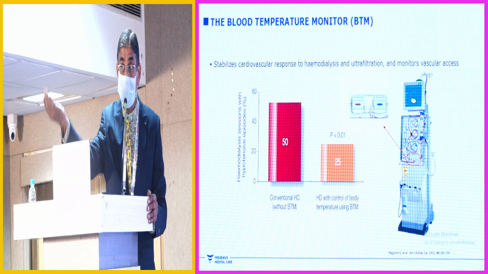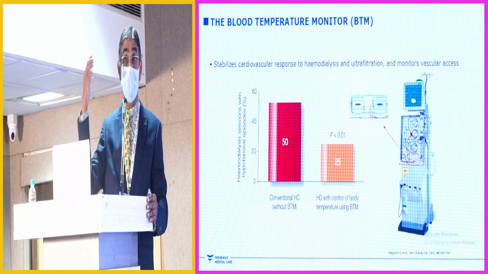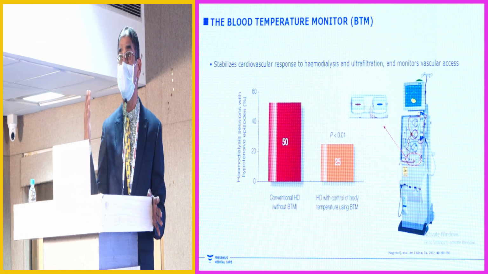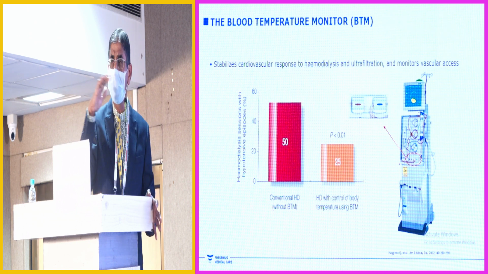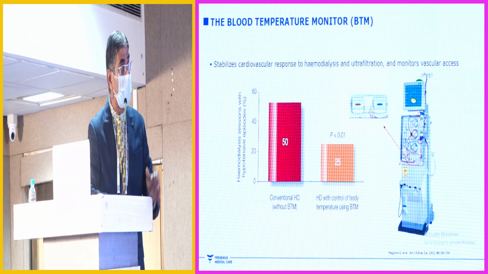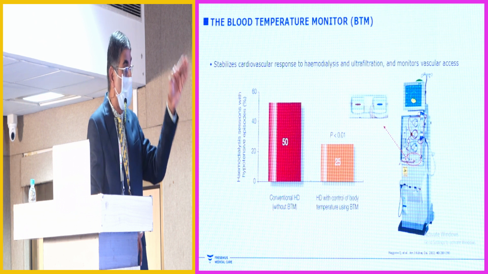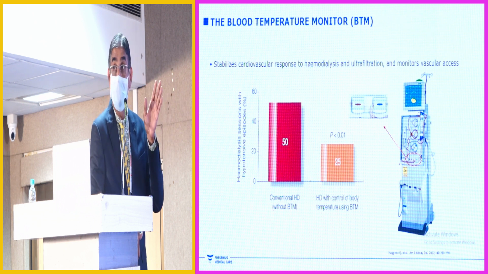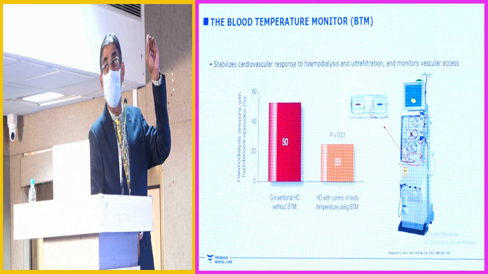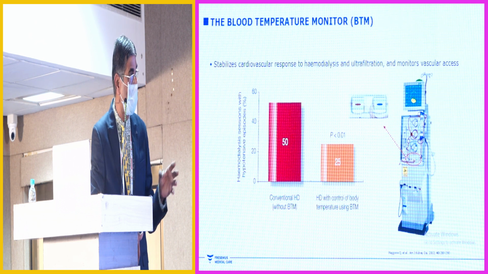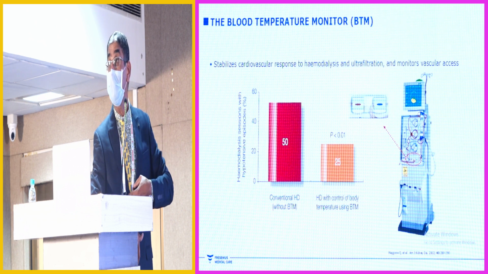So the dialysate temperature, even ideally speaking with your hemodialysis patients, should never go more than 35.5 to 36. I have usually kept around 36 as the max. The reason is, there is a back diffusion of the temperature from the dialysate to the blood, even in hemodialysis. Because of that temperature going into the systemic circulation, it hits the hypothalamus of the brain, it senses, and the core temperature goes up.